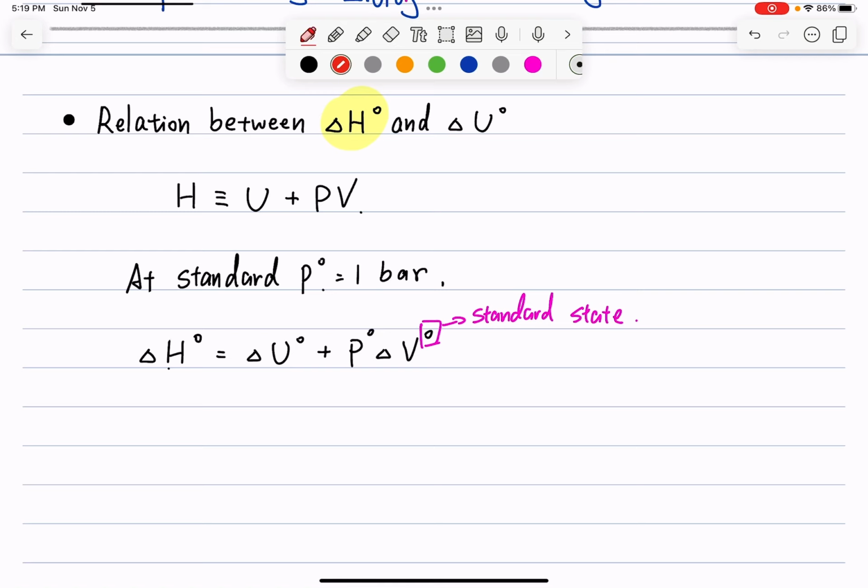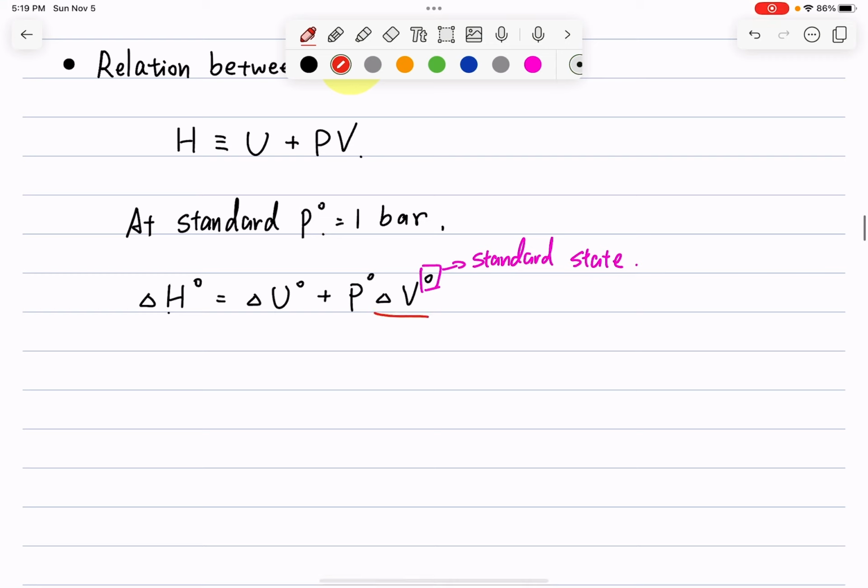So in this case, let's simplify our life a little bit. This delta V naught is negligible for reactions not involving gases.